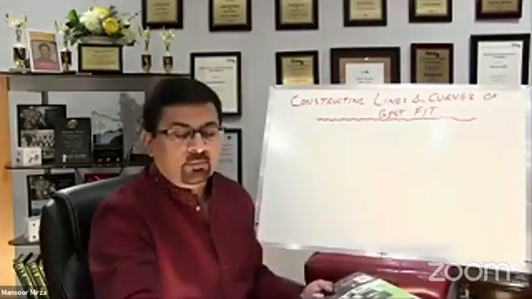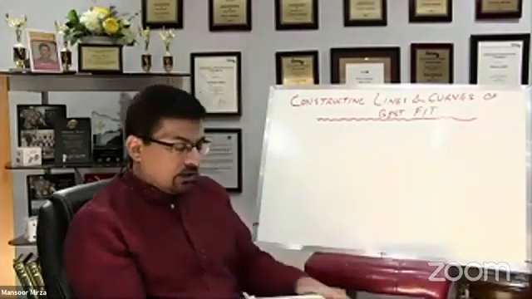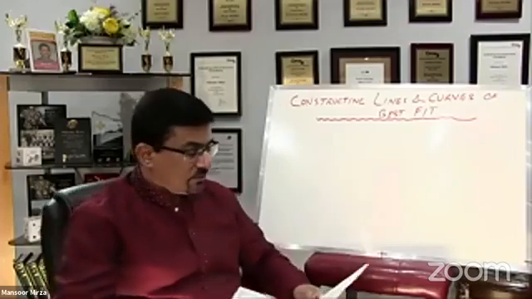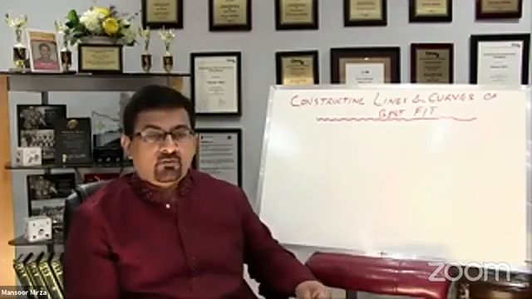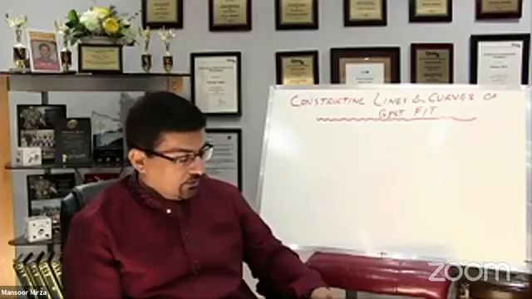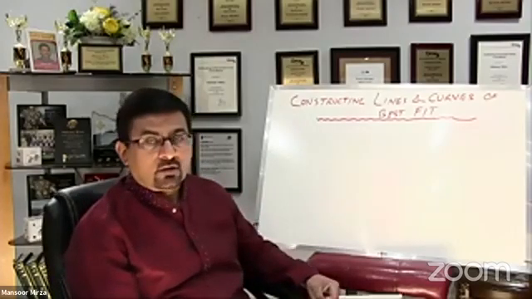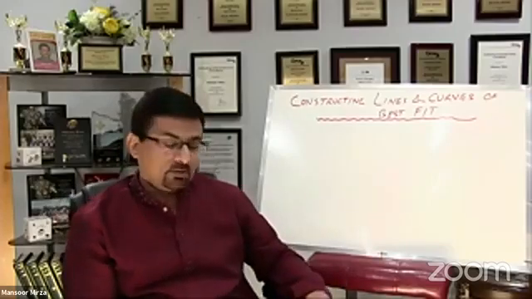Today in this lesson I will be discussing how we construct these lines, and how we find the best fit, the line or curve which comes up after we plot these numbers.